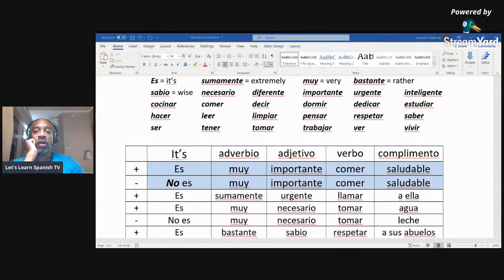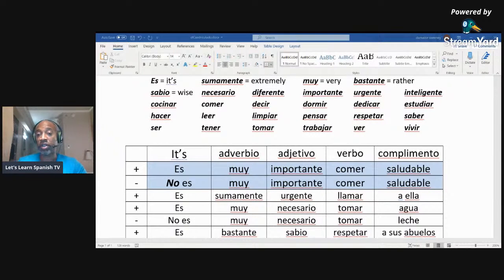Also, what you want to remember is when you have a sentence with one subject and two verbs, you conjugate the first verb, not the second verb. Cuando tienes una oración con dos verbos y un sujeto, tiene que conjugar el primer verbo, pero el segundo no es necesario.